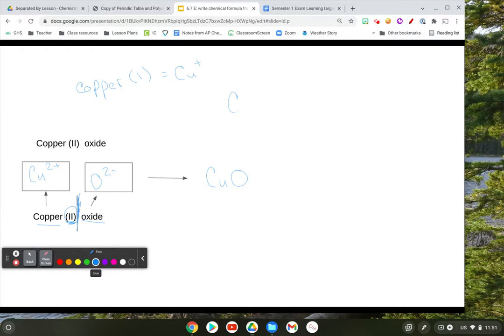Again, you could look at it as crisscrossing the charges. And so I take the 2 here and then put it down there, the 2 there, and I would have Cu2O. But you have to remember that whenever we're writing ionic compounds, we have to reduce them to the lowest ratio. And so that's why it becomes CuO.